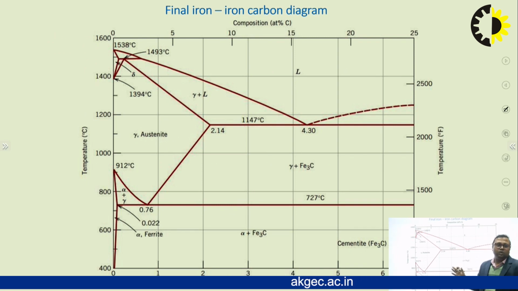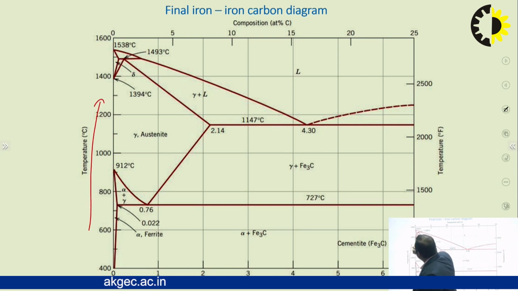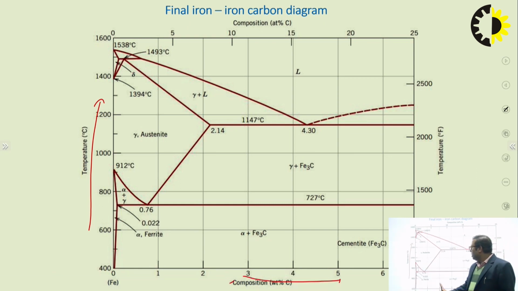So this is the actual final iron carbon diagram. You can see that the y-axis shows the temperature and the x-axis shows the weight percentage of carbon. So from 0 percentage to 2.14 percentage is known as steel, whereas from 2.14 to 6.70 is known as cast iron.